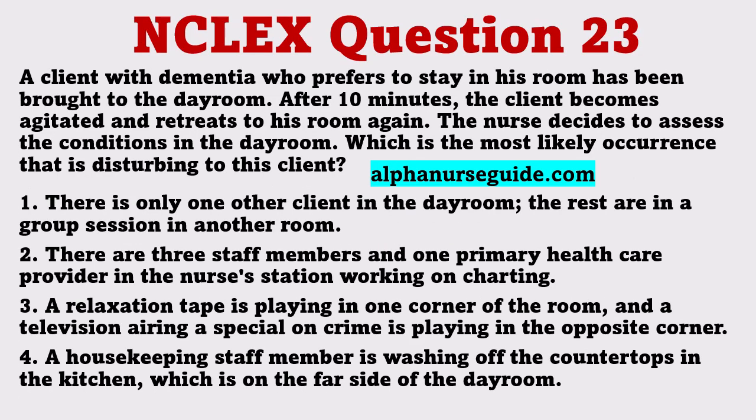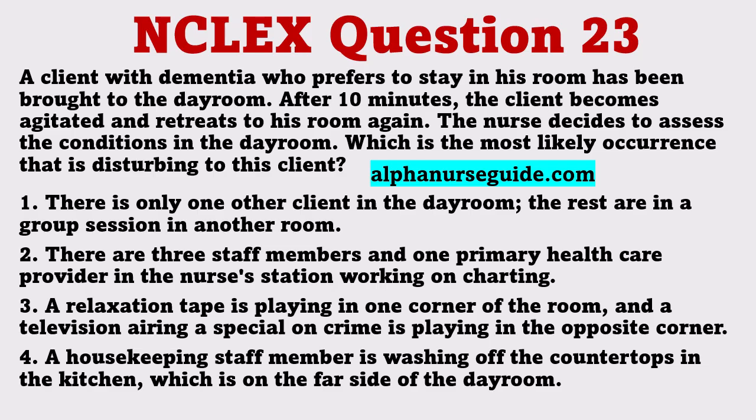A client with dementia who prefers to stay in his room has been brought to the day room. After 10 minutes, the client becomes agitated and retreats to his room again. The nurse decides to assess the conditions in the day room. Which is the most likely occurrence that is disturbing to this client? 1. There is only one other client in the day room.